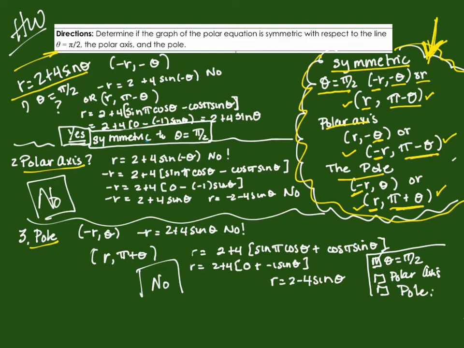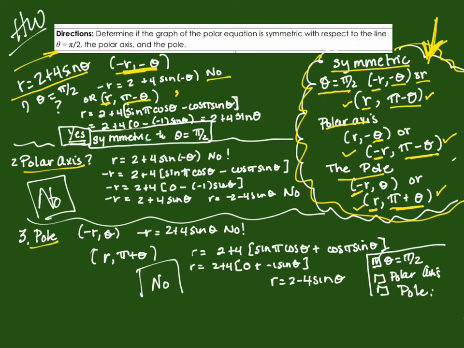I think the first part's easy. So first one, we're checking negative r, negative theta. If we stick that in there, we get negative r is 2 plus 4 sine negative theta, which becomes 2 minus 4 sine theta. If you substitute that through, it will be a no. So then we try r and pi minus theta.